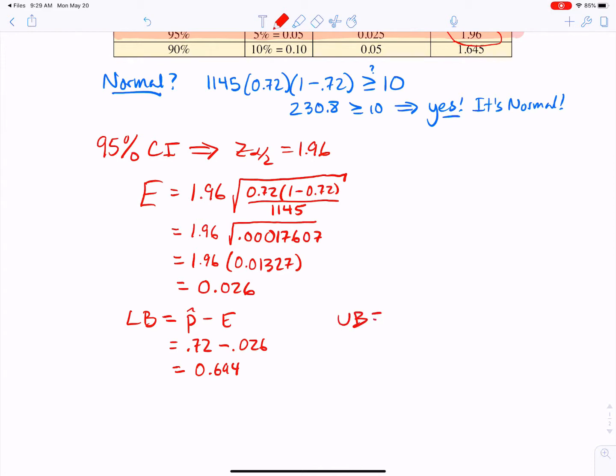And the upper bound is equal to p hat plus the margin of error, which is 0.72 plus 0.026, which is 0.746. So we now have the crucial information, but we have to summarize what we found.